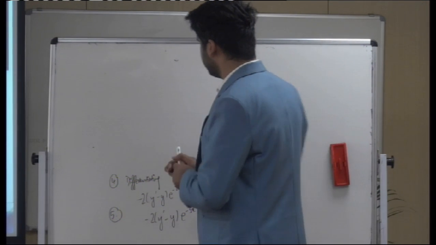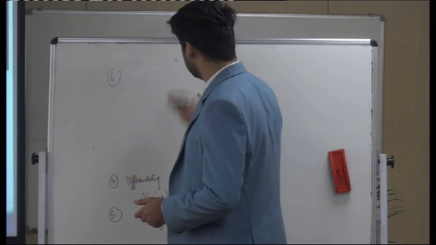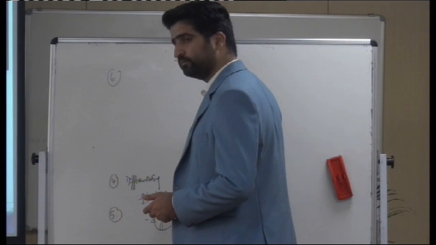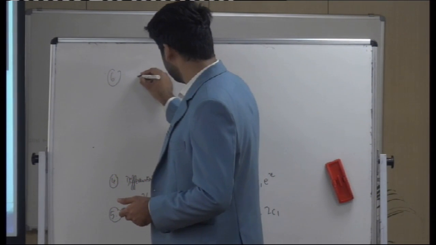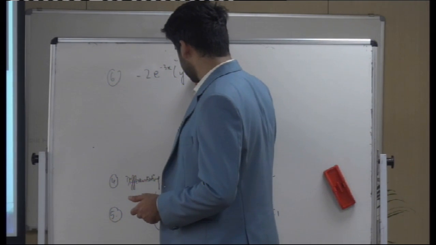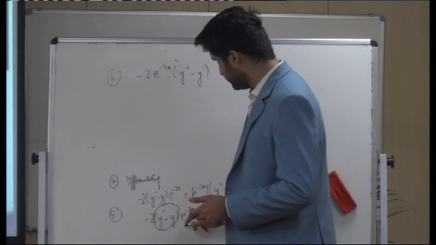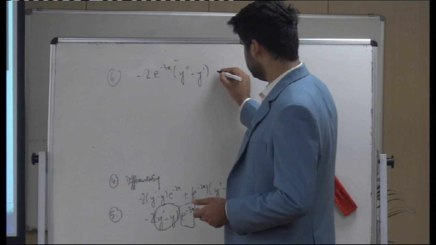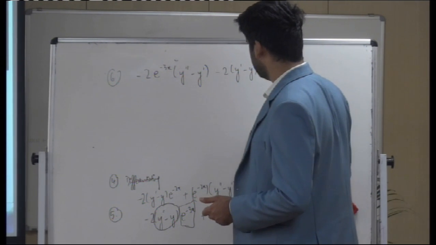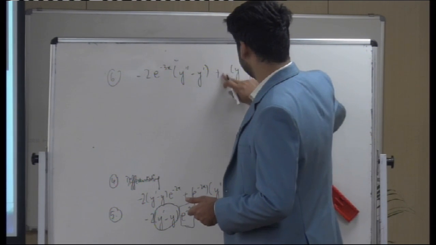And the sixth step will be again differentiating. So differentiation of this will be, first I'll differentiate this part, okay? So minus 2 e to the power minus 3x y double dash minus y dash, okay? Then differentiate this part, minus 2 y dash minus y into, I'll make it plus 6.